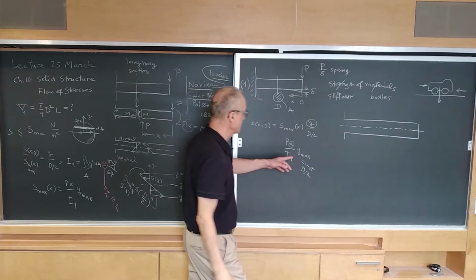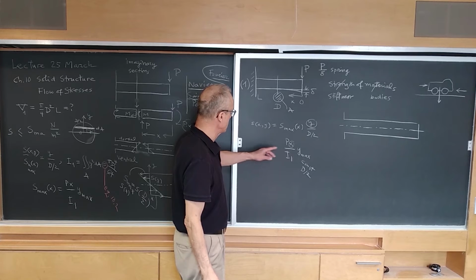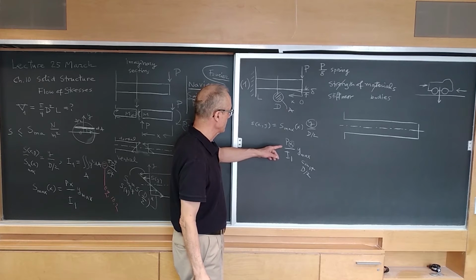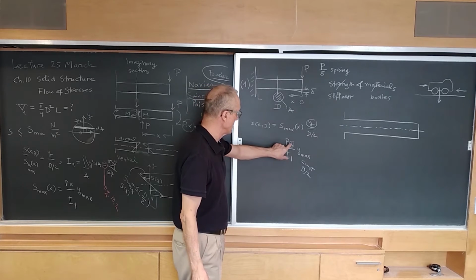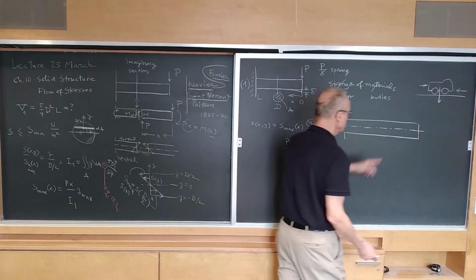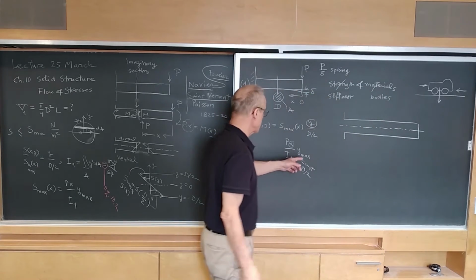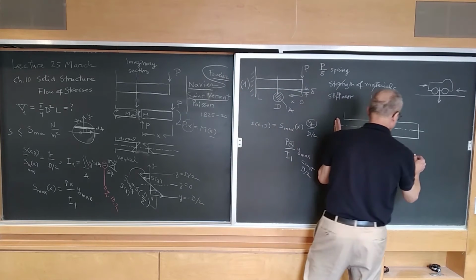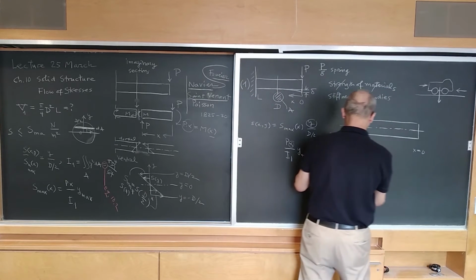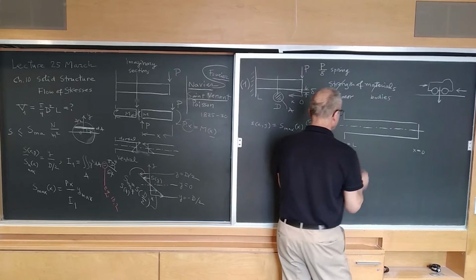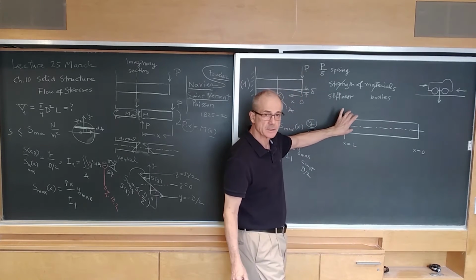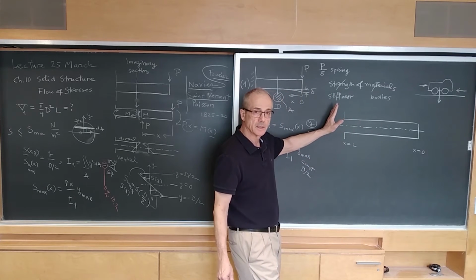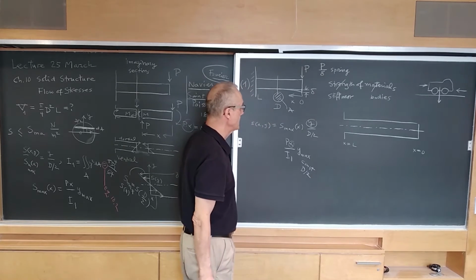All the stresses must be 0 at the free end, and they must be the biggest at the implanted end. So if x equals 0 here and x equals L here, the highest stresses will be in the plane of implantation.